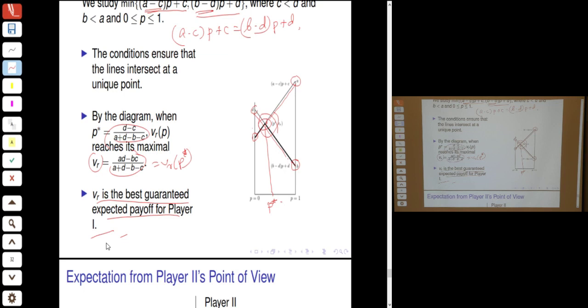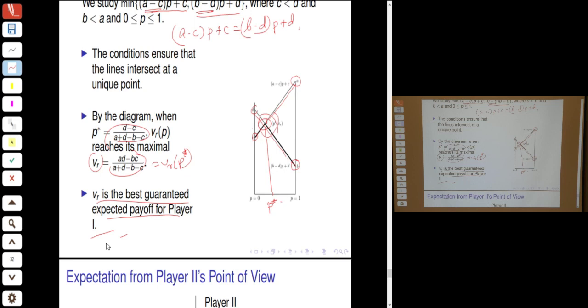Okay? So again, for every possible strategy by the opponent, we calculated the expected payoff. Then we took the minimum of these expected payoffs because we do not know what the other player will choose. So we just assume that he is playing adversarially, and we just take the worst case. But we still have one weapon in our hand, which is the tuning parameter P, which we could choose to mix our strategies.